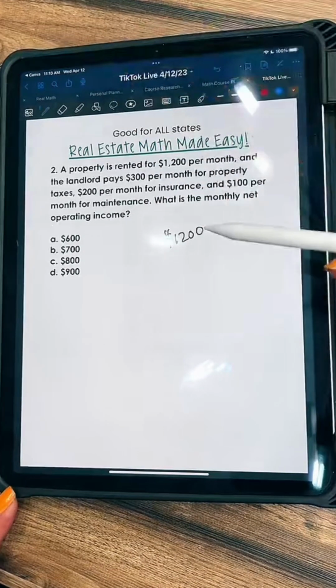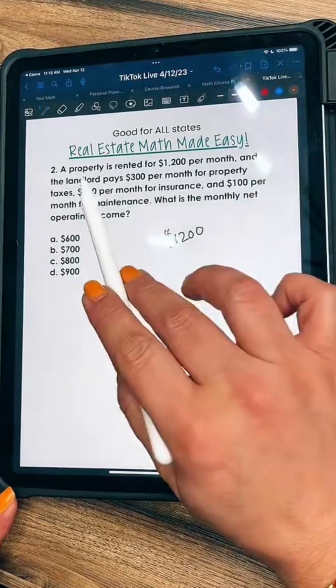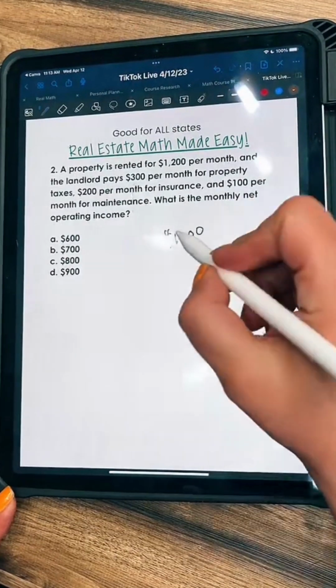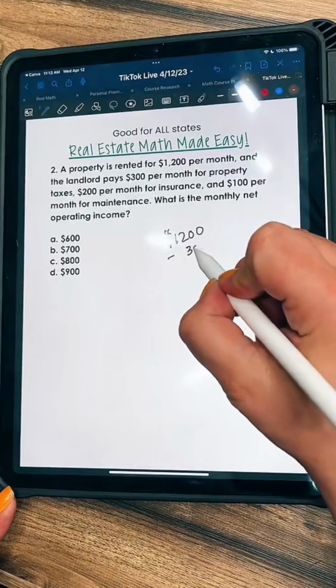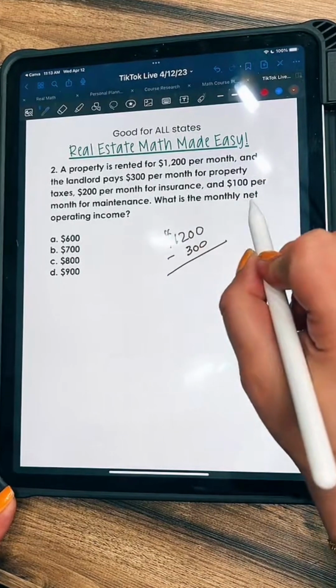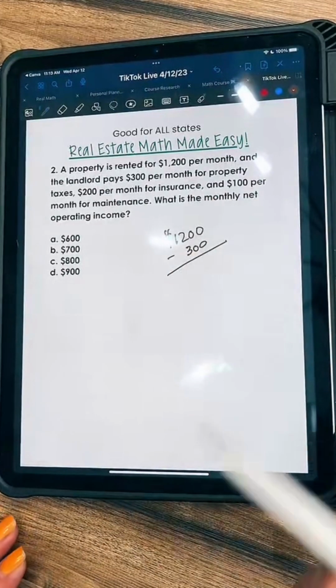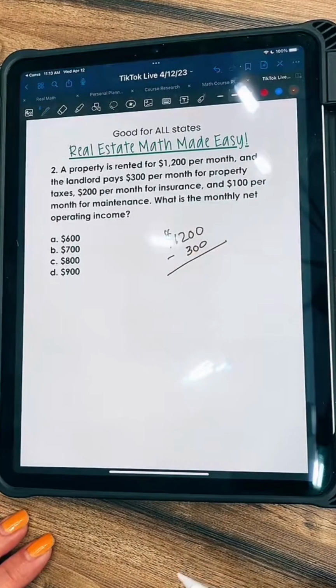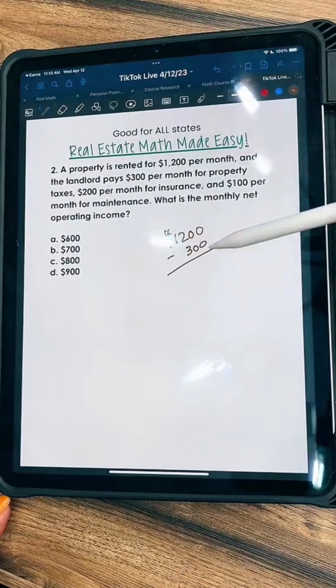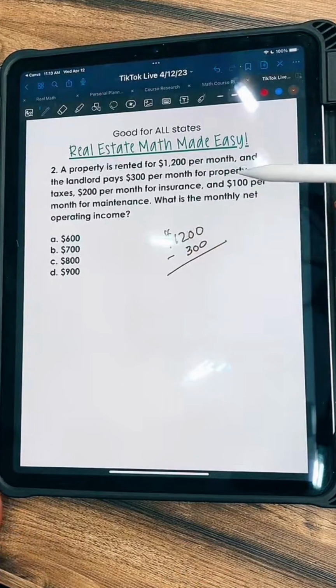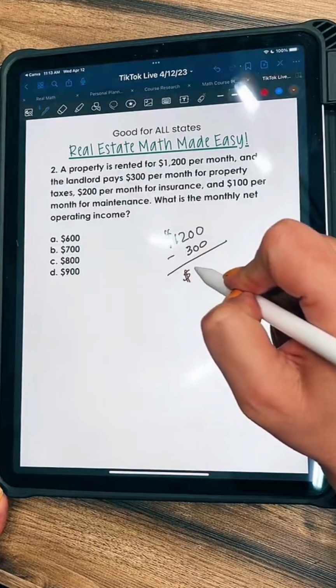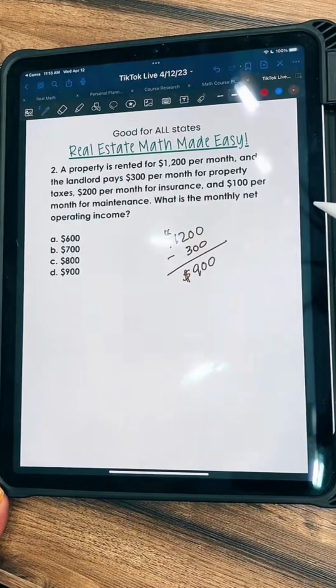All right, so we have $1,200 a month, and then they pay $300. So we're going to subtract $300 because net operating income means how much do they have after expenses are paid. Okay, so we know that $300 per month for property taxes leaves them at $900.